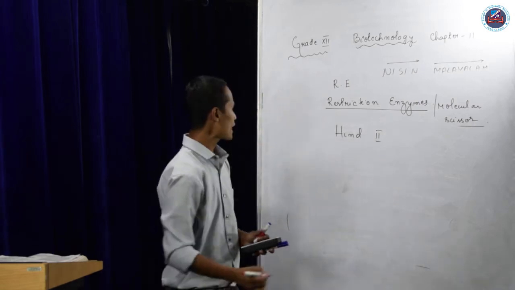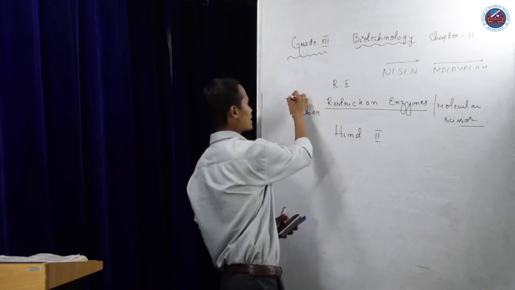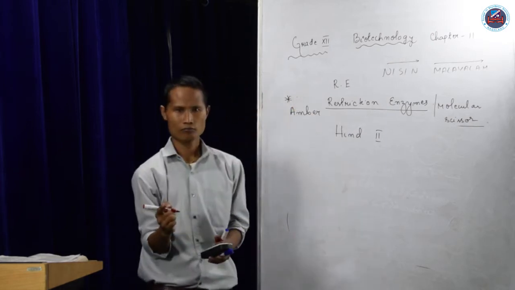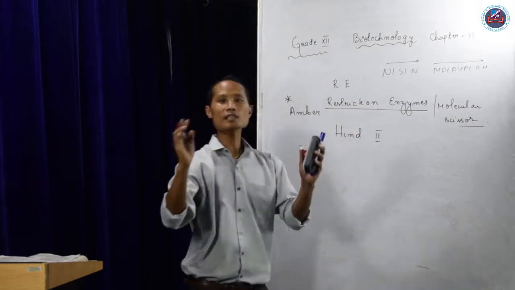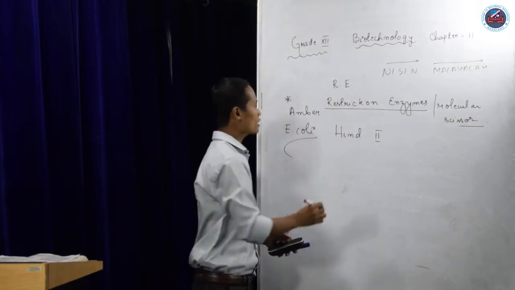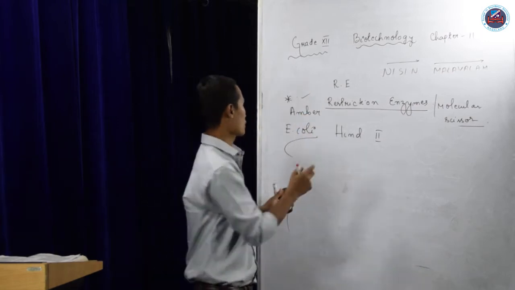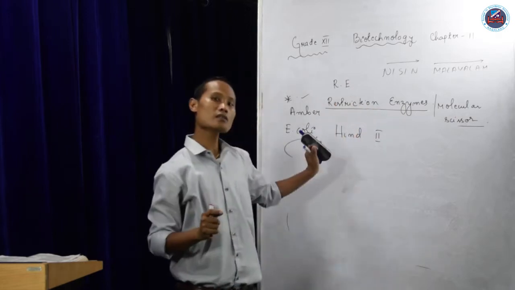Scientists first saw a restriction enzyme in E. coli.